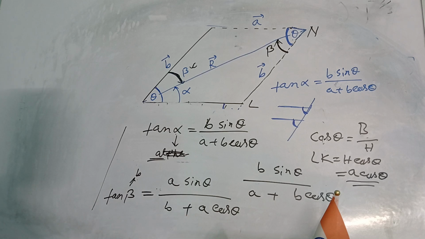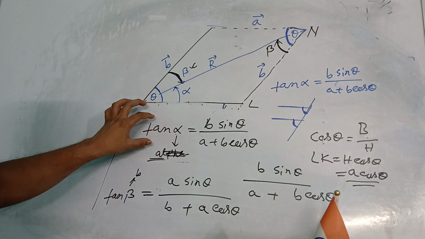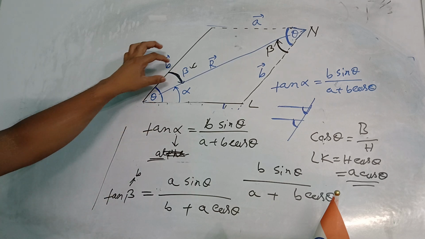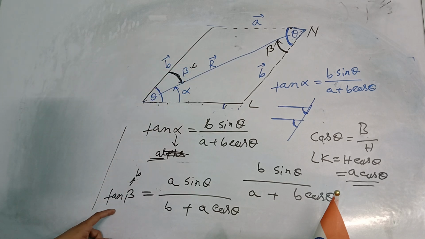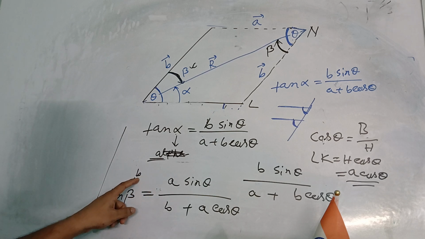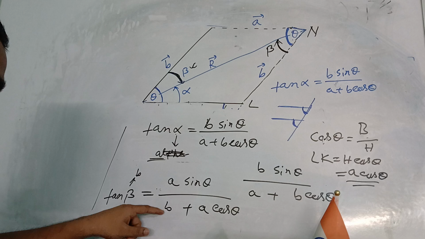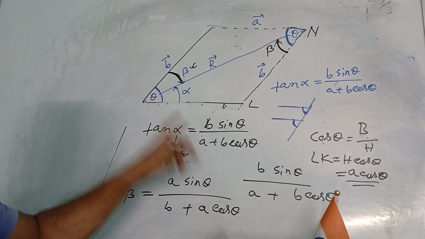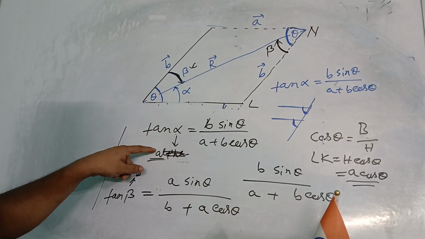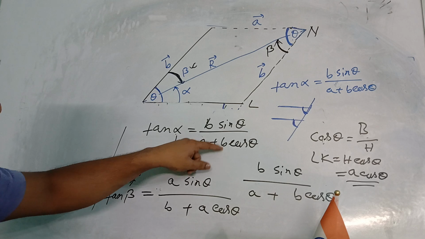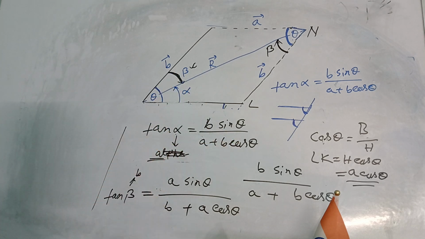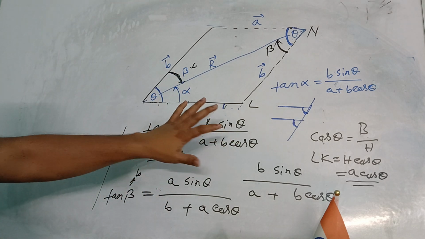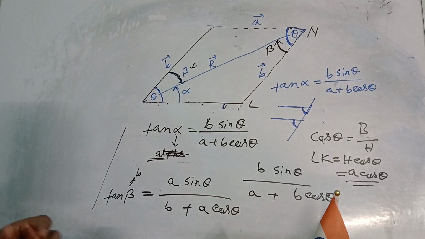The angle between A vector and the resultant vector is tan alpha. The angle between B vector and the resultant vector is tan beta. Beta's first letter is B, so you write A, B, A, sin theta, cos theta. Alpha's first letter is A, so we write B, A, B, sin theta, cos theta. This is not a method, it is a trick to remember the value of tan alpha.